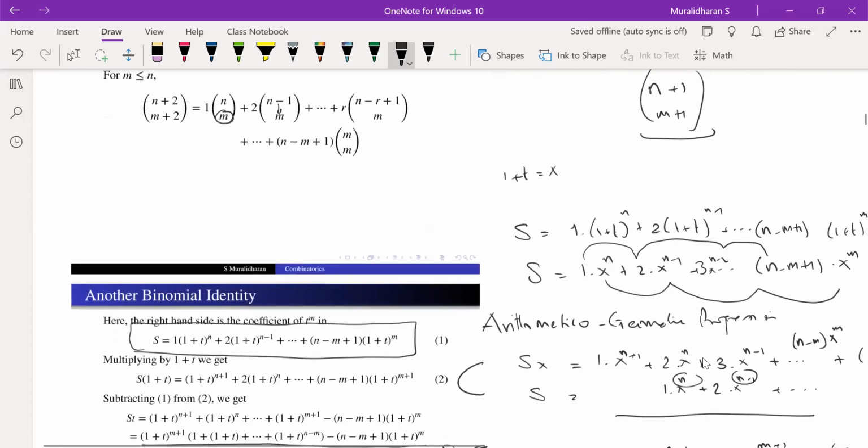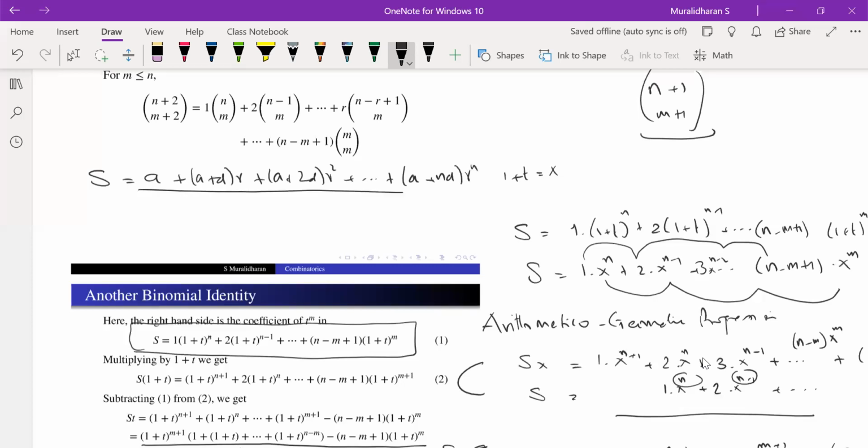This is slightly involved, but the basic idea is simple. We write it as a coefficient and then sum up. See, for instance, if I have a sum like this, a plus d into r plus a plus 2d into r square, etc. up to a plus nd into r power n.